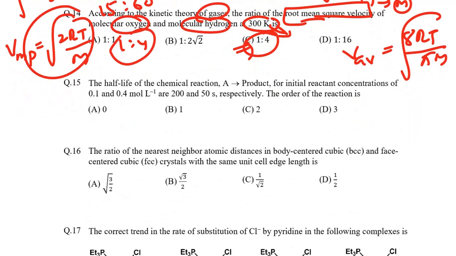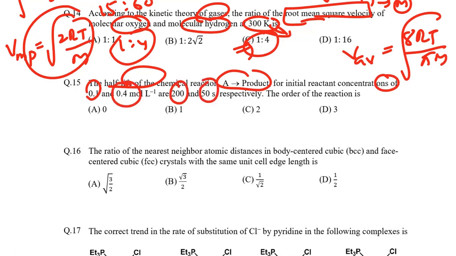Next question. The half-life time of a chemical reaction A to P for initial reactant concentrations of 0.1, 0.4, we have 250 seconds respectively. The order of the reaction is.